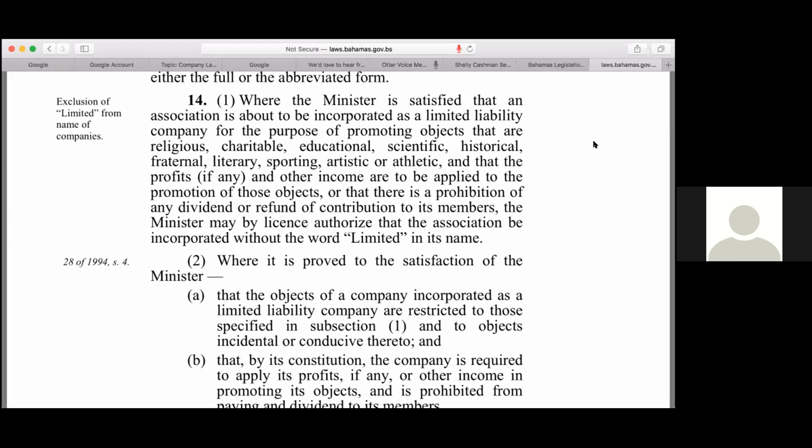Once that body approves it, it goes back to the BIA, and the BIA then tells exchange control that the government has approved the investor, and you can go ahead with the exchange control part of it.